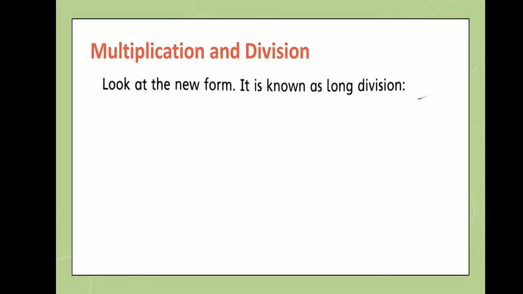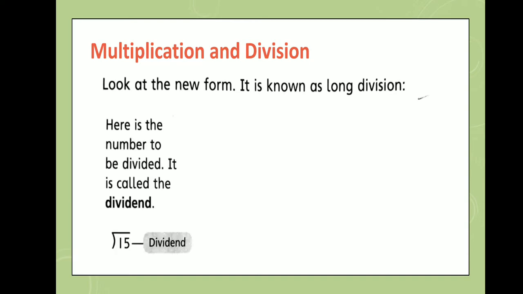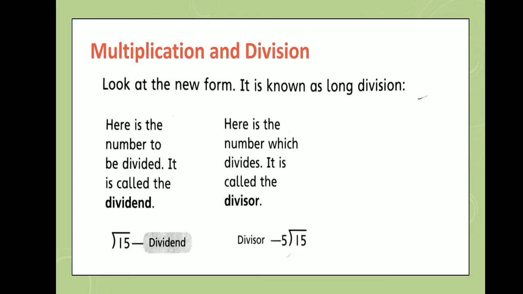As you already learned the parts of division in class, here is just a short revision. Here is the number to be divided, it is called the dividend. We place the number which needs to be divided. Here is the number which divides, it is called the divisor.